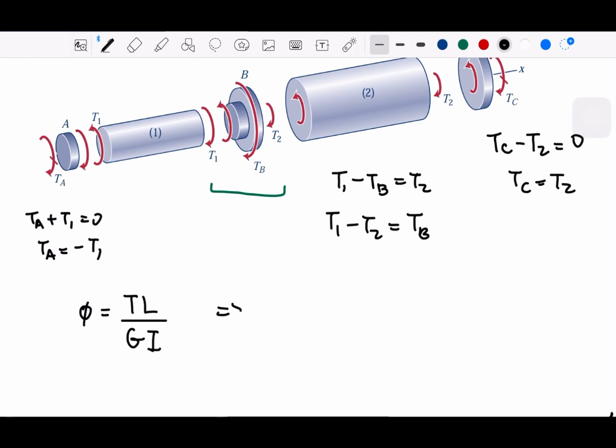Or we can also write the twist angle using the small f, where f is the element force or element torque for this analysis.